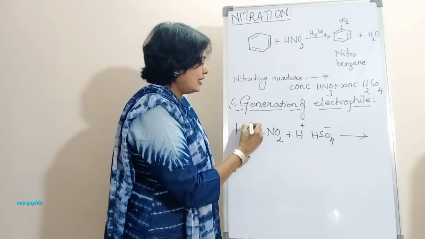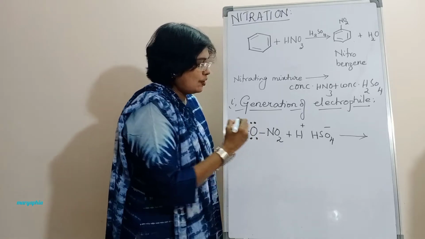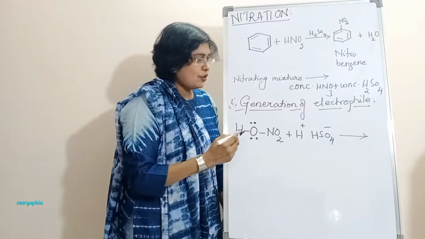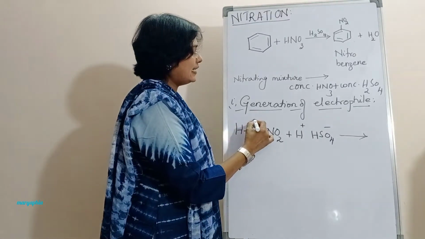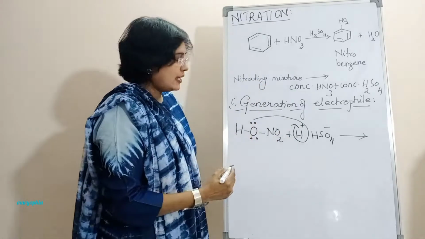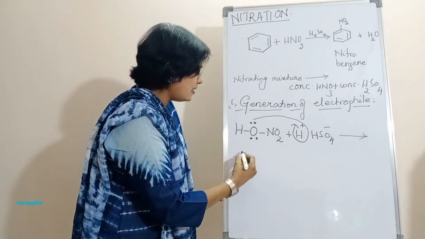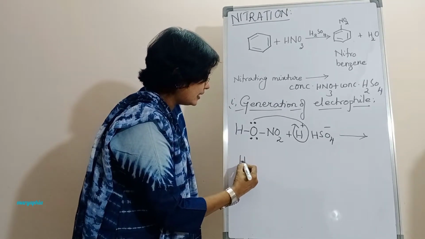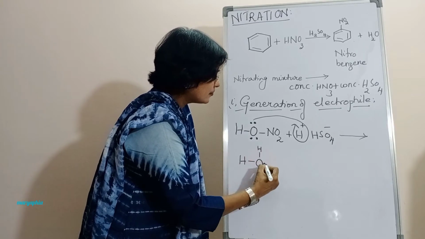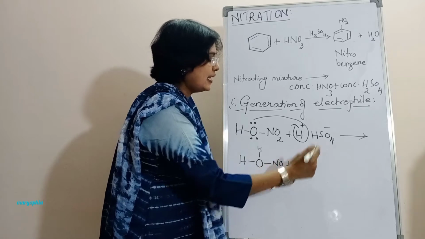Fine. So here, students, oxygen generally has 2 lone pairs of electrons. With 1 lone pair of electrons, it takes up H plus. That means a bond will be formed between oxygen and hydrogen. So here comes H, O, H, NO2 plus what is remaining?